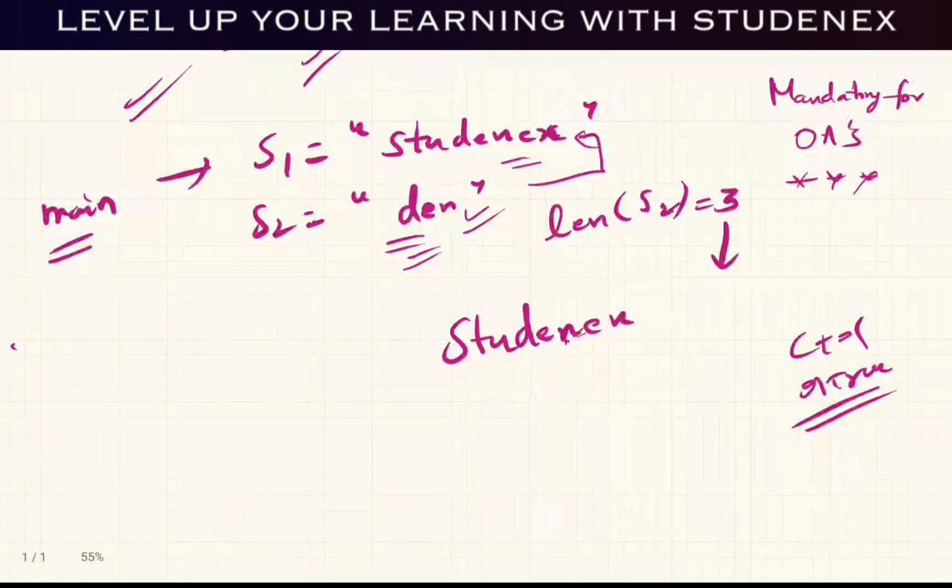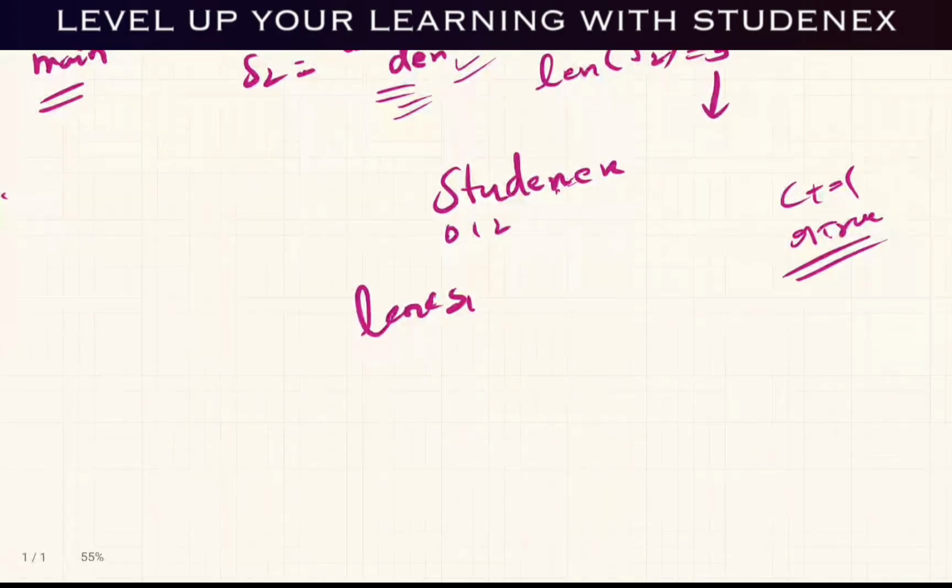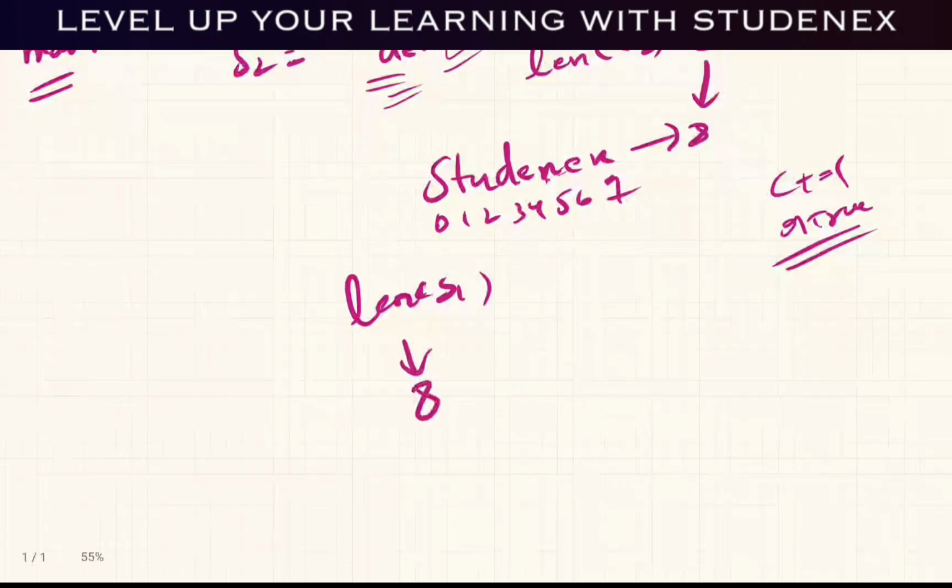To do that for the remaining strings also, I'm going to take the length of string 1, which here is 0, 1, 2, 3, 4, 5, 6, 7. So we get the length of S1 as 8, as we don't include 0 when finding the length of a string or array.